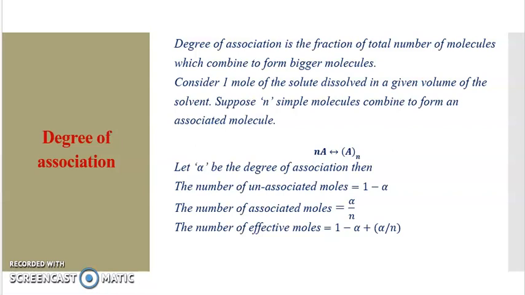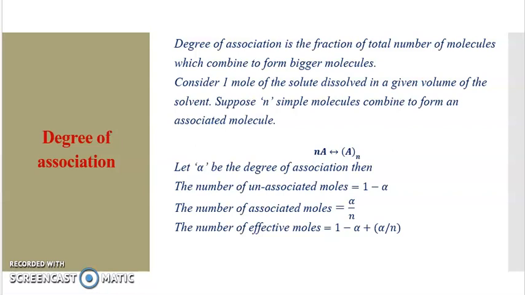For example, consider 1 mole of solute dissolved in a given volume of solvent. Suppose in 1 mole of the solute, n simple molecules combine to form an associated molecule. Here we are considering association, which is one of the reasons for abnormality.